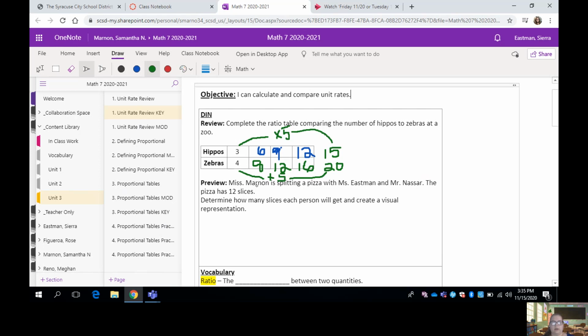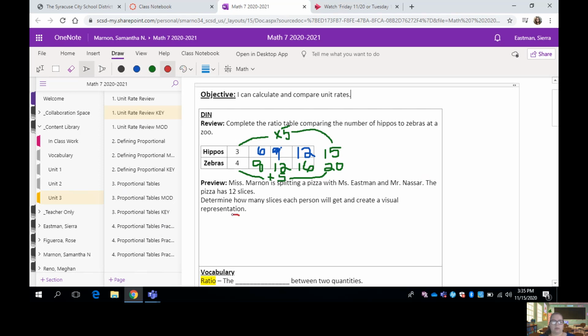We have Miss Martin splitting a pizza with me, Miss Eastman, and Mr. Nasser. The pizza has 12 slices total, so we want to find how many slices each person will get, and we want to create a visual there. So we can do this one of 2 ways.